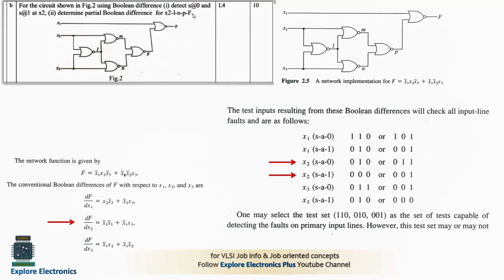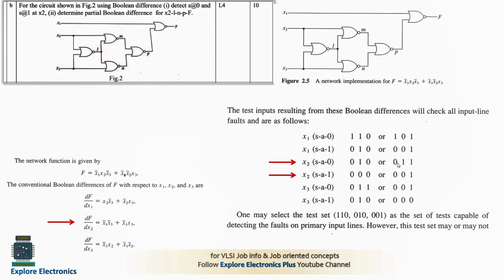But here in the question they have asked to detect stuck at 0 and stuck at 1 for x2. Now look at this expression which I am showing with an arrow mark. Here we have x1 bar into x3 bar. It means in the x1 place we need 0 and in the x3 place we need 0. So we have 0 0. In the x2 place, while detecting stuck at 0, we need to put 1.